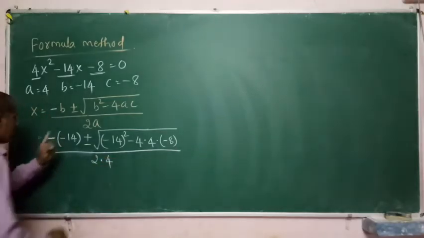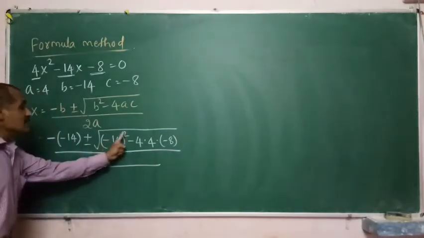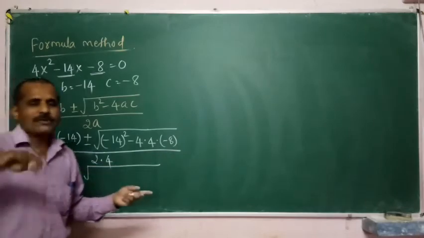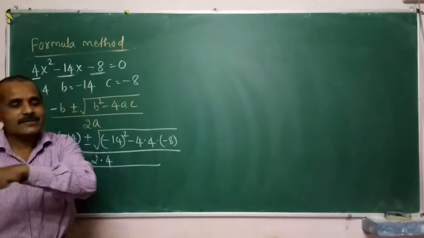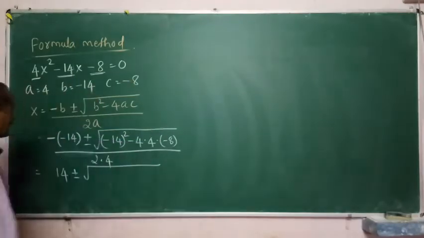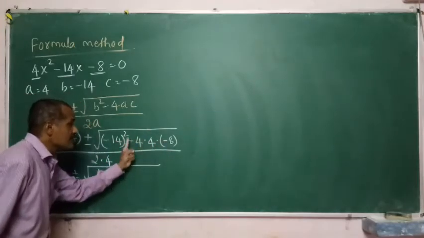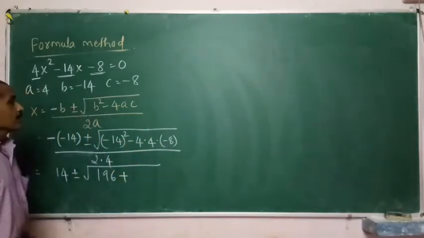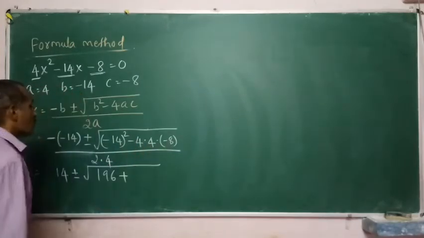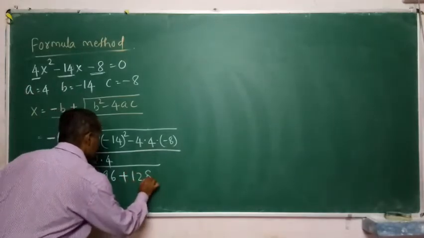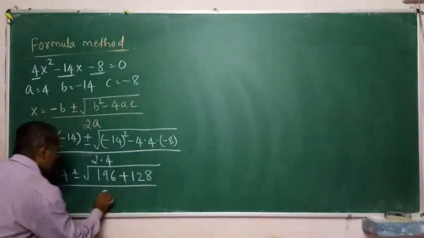Come on, minus of minus is plus 14, plus or minus under root minus 14 square. Whether it's minus or plus, when you square it, naturally it will be positive only. Minus 14 square is 196, plus 14 square is also 196. That becomes 196. This minus into minus into minus is plus. It is 16 8s are 128. 16 8s are 128. Whole divided by 8.